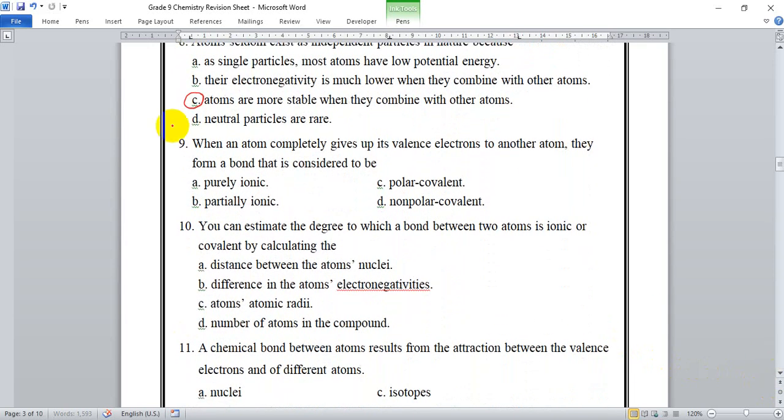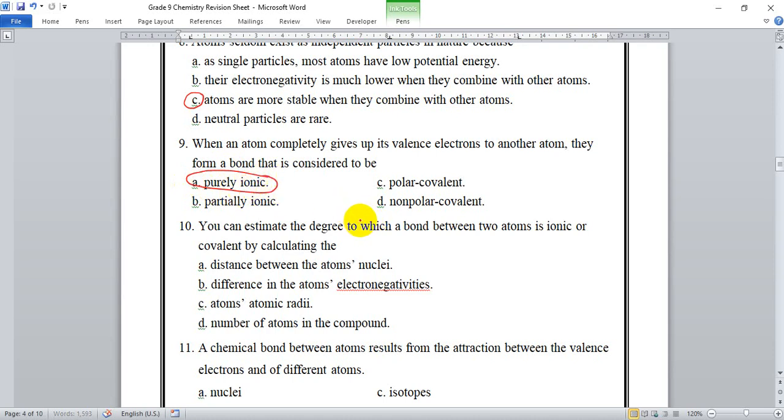Number 9. When an atom completely gives up its valence electrons to another atom, they form a bond that is considered to be purely ionic, partially ionic, polar covalent, or non-polar covalent. Give up valence electrons, or loses its electrons, it will be purely ionic.